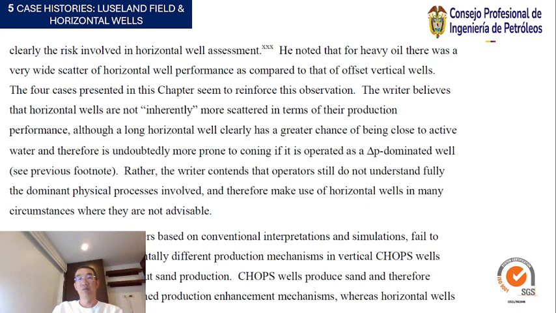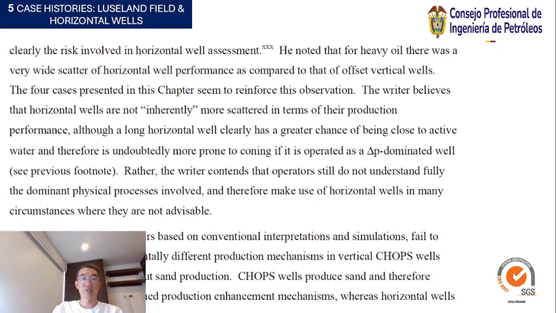The writer believes that horizontal wells are not inherently more scattered in terms of their production performance, although a long horizontal well clearly has a greater chance of being close to active water and therefore is undoubtedly more prone to coning if it is operated as a delta-P-dominated well.